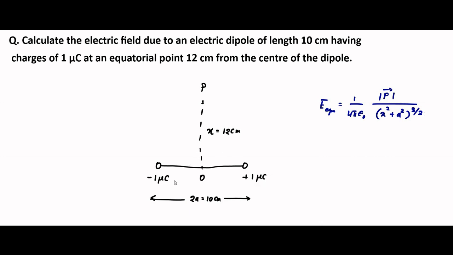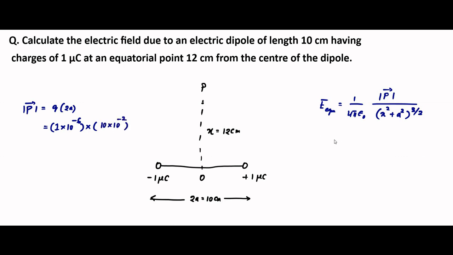So first, the dipole moment is equal to q into 2a. So the charge, 1 into 10 to the power minus 6, multiplied with the dipole length, 10 into 10 to the power minus 2.